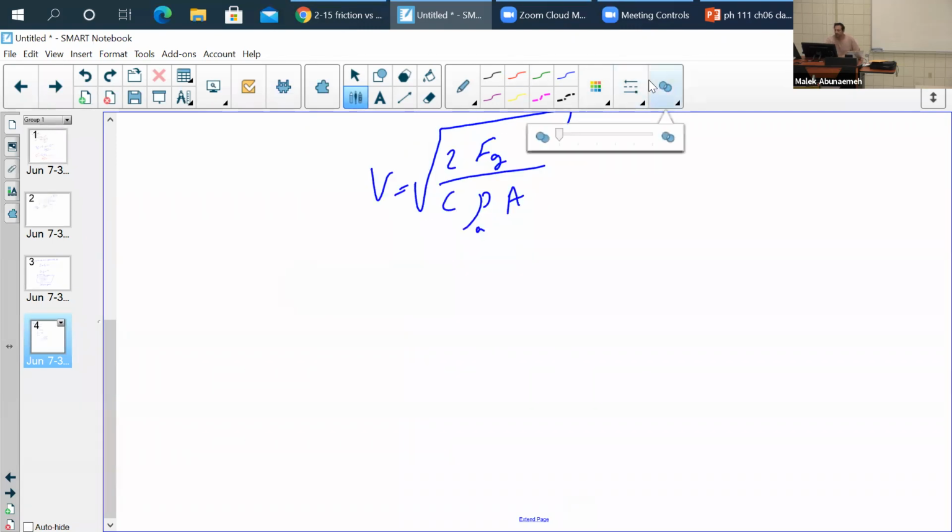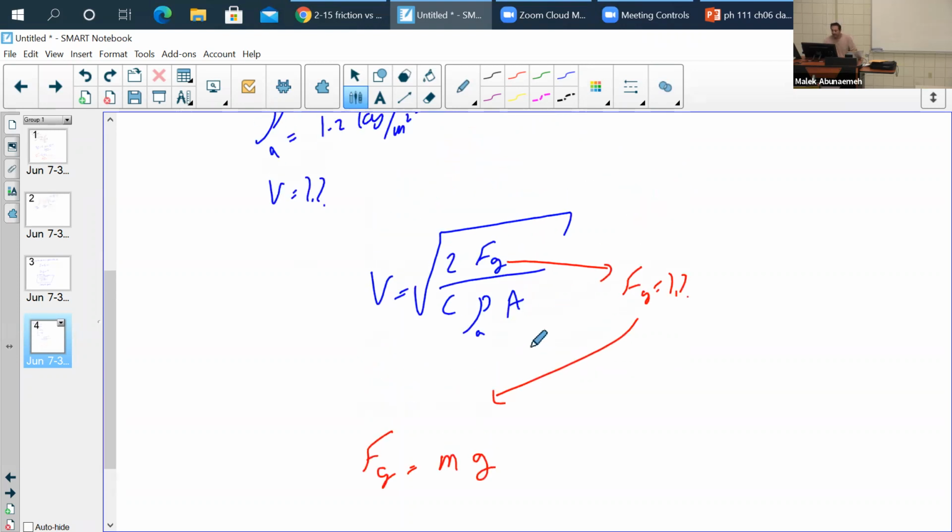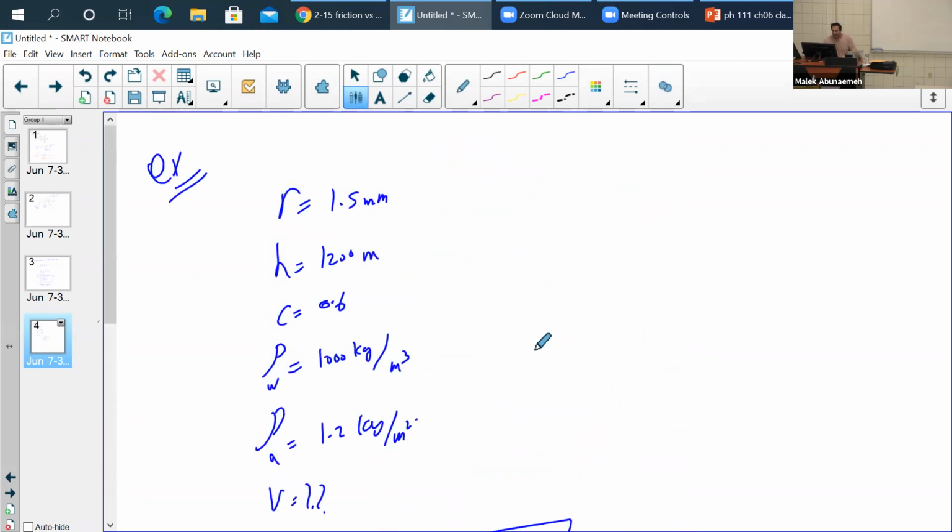So let me go right ahead. We need to find Fg. Your gravitational force is going to equal your mass multiplied by your gravity. But we do not have the mass.